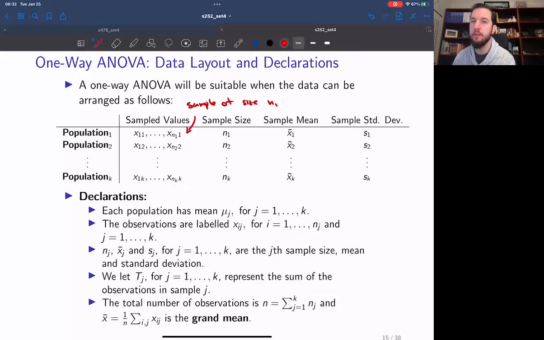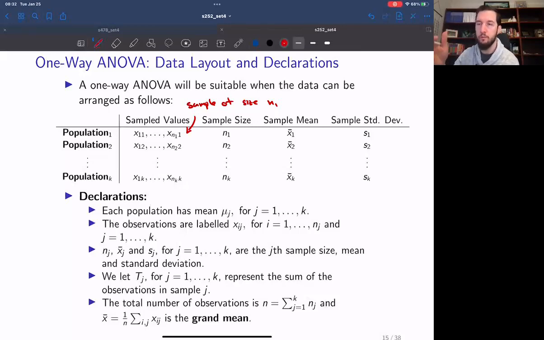Each of those samples has their own sample size. So sample 1 has a size of N1, sample 2 has a size of N2, sample 3 has a size of N3, etc. Each of those samples have their own sample mean, which we designate X bar subscript 1, X bar subscript 2, X bar subscript 3, etc. And each of those samples are going to have their own standard deviation and their own variance.